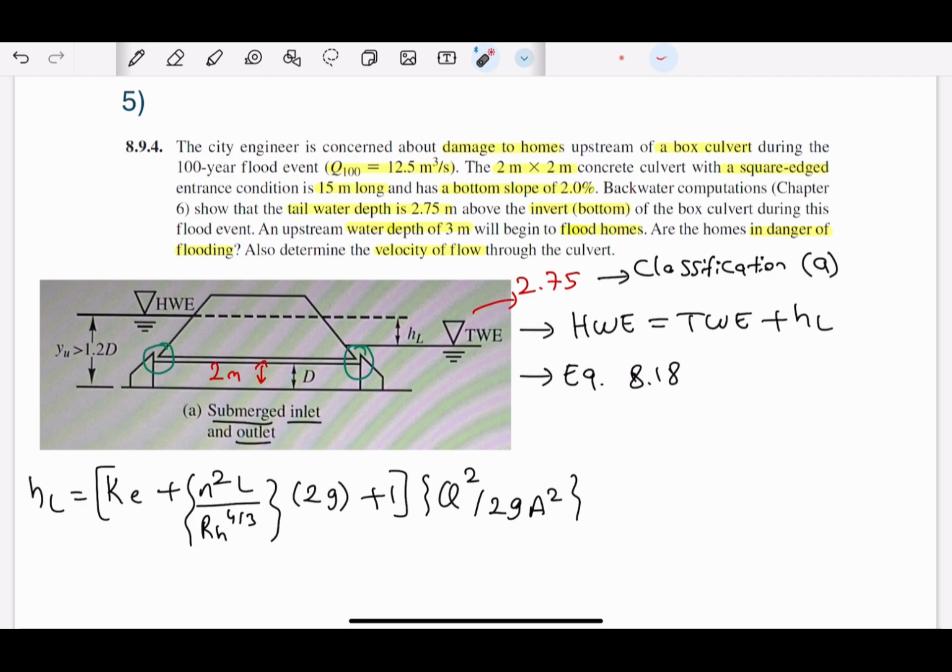So first of all, we need to find the flow classification, because based on the flow classification, we will have different equations or different approaches. Here we have an important piece of information, which is tailwater depth is 2.75, and we have barrel height, or the hydraulic diameter of the culvert, as 2 meters.